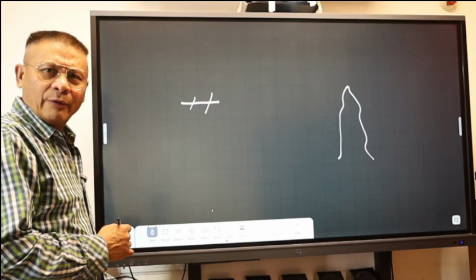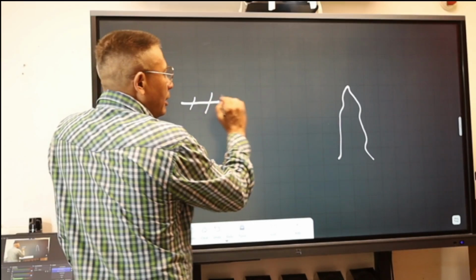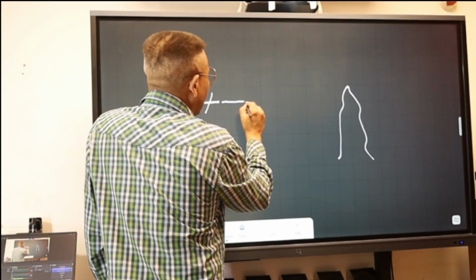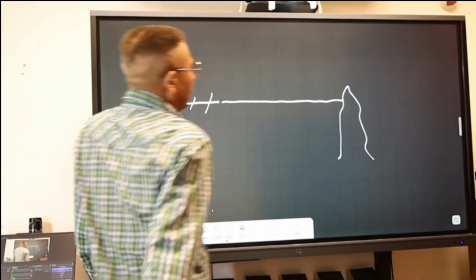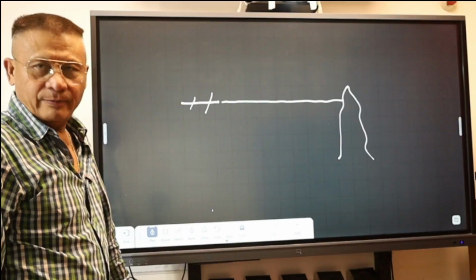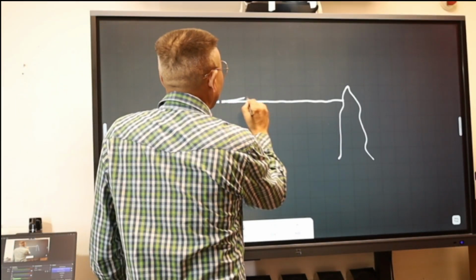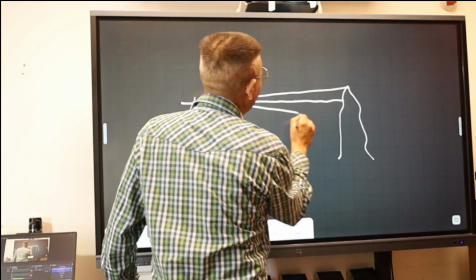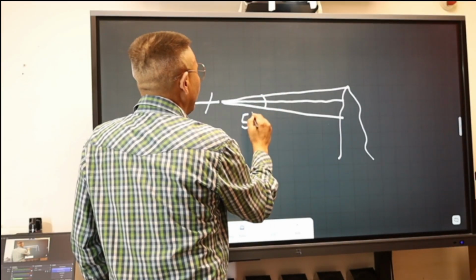I have a weather radar whose beam width is 5 degrees, and I am at 0 degrees tilt. That means the weather radar wave transmission is like this. Since it has a particular beam width, it is the extent up to which it is transmitting, and let's say the beam width is 5 degrees.